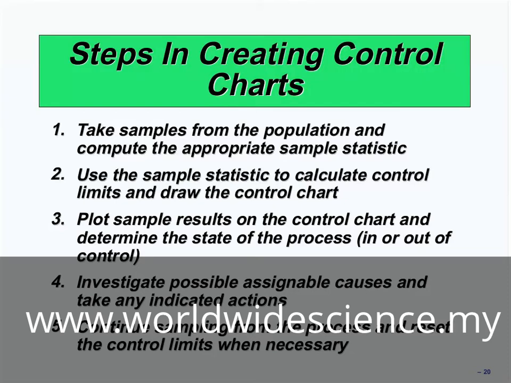Number 4. Investigate possible assignable causes and take any indicated actions. And number 5. Continue sampling from the process and reset the control limit when necessary. These steps are used in creating control charts.